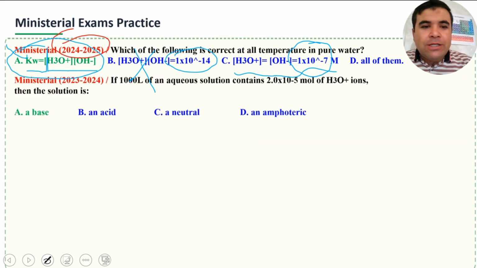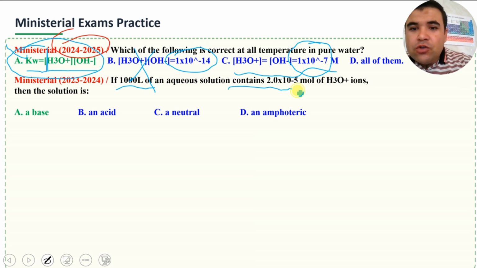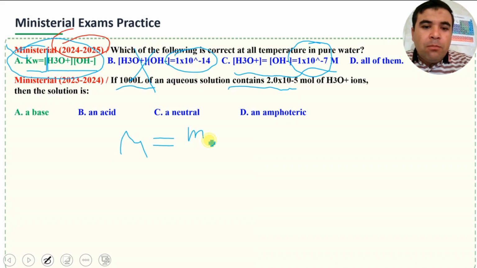The second question says, if 1,000 liters of aqueous solution contains 2 times 10 to the power minus 5 mole of hydronium, the mole is given and the volume is given, so we should calculate the concentration of the hydronium, guys. Molarity is equal to what?